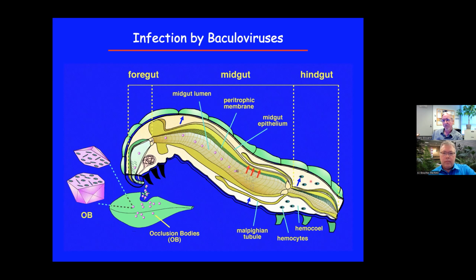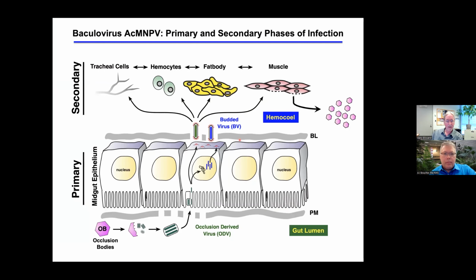For this virus, we can subdivide the infection into a primary phase, the gut, and a secondary phase, all the other tissues. That's illustrated in this slide. So we study this virus and its infection in the gut, and also in other tissues.